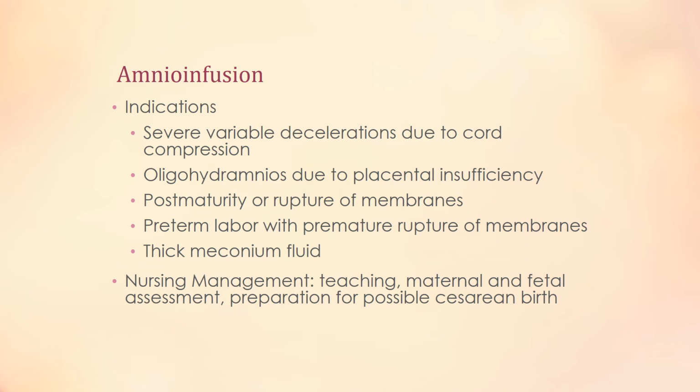Contraindications are vaginal bleeding, umbilical cord prolapse, infection, if the uterus is contracting a lot, and if there's severe fetal distress, we would not want to add any distress to it. Please note, the mother has to be dilated at least 2 centimeters to be able to use an intrauterine pressure catheter. If she's not dilated, we won't be able to get it in.